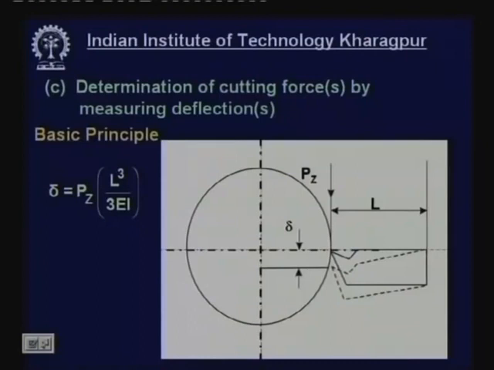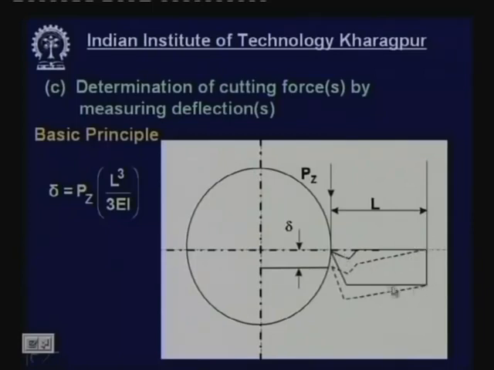Now first let us come to those methods which are based on measurement of deflection. Determination of cutting forces by measuring elastic deflection. The basic principle: look at this diagram. This diagram shows the job, the cross section of a rod which is undergoing machining by a turning tool.